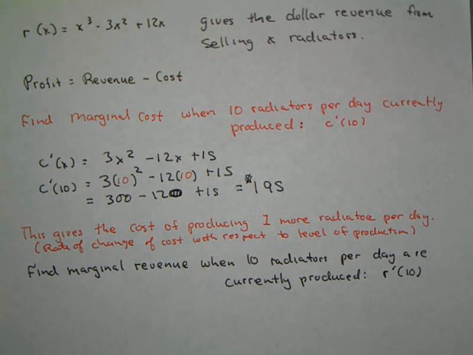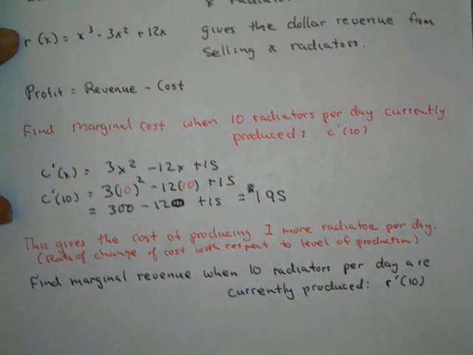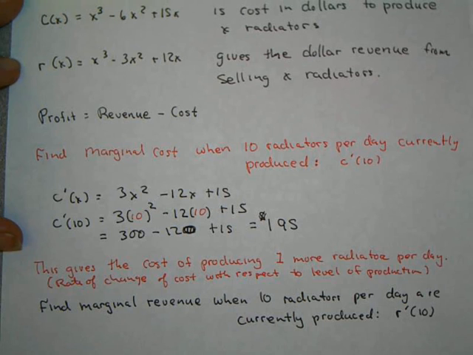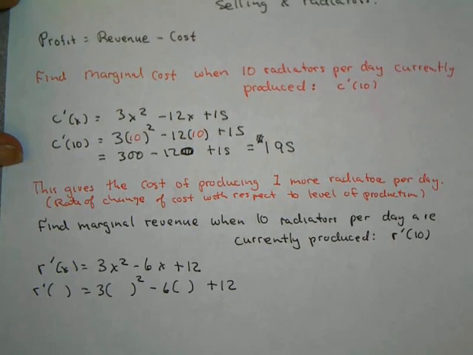Now, if we're looking for the marginal revenue, that would be how much more money we're going to make if we make that one more. I can simply go to my revenue function and write R prime of x equals 3x squared minus 6x plus 12. And then, if I want to find R prime of 10, R prime of 10 equals 3 times 10 squared minus 6 times 10 plus 12.